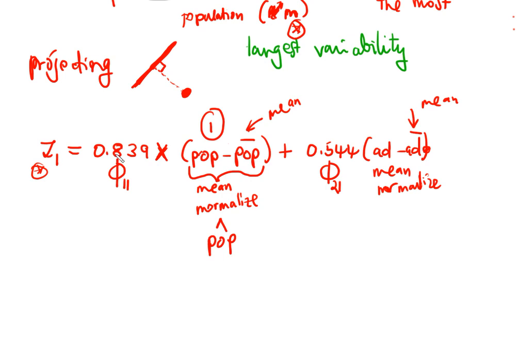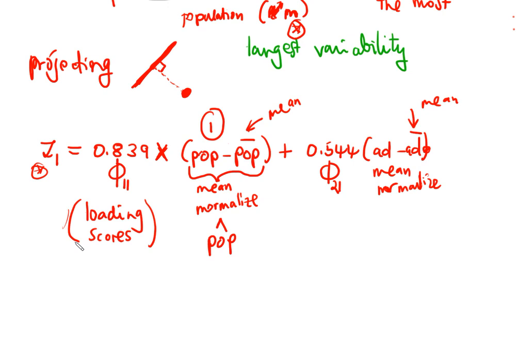Imagine we've calculated and then we came up with this Z as our Z1, right? These phi's are called the loading scores. This video is full of theory, but we'll see the practical side of it in the next video. These are called loading scores, right?